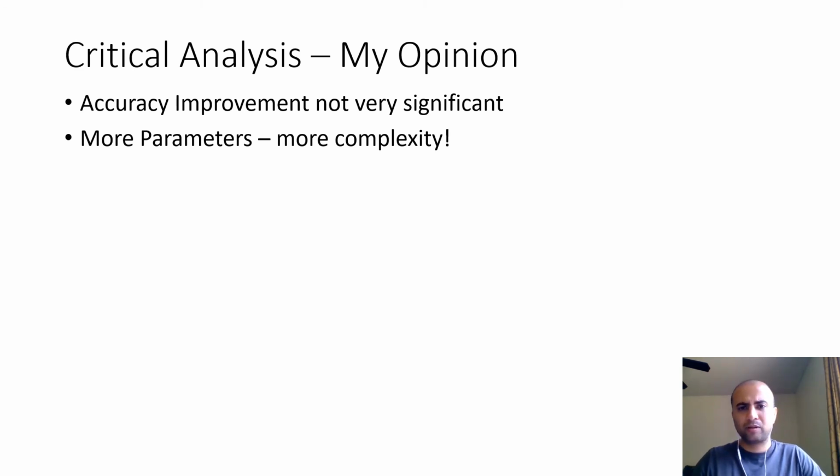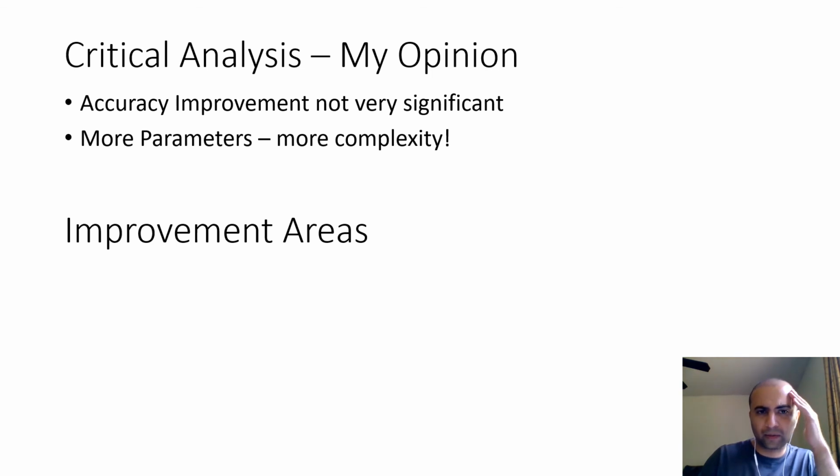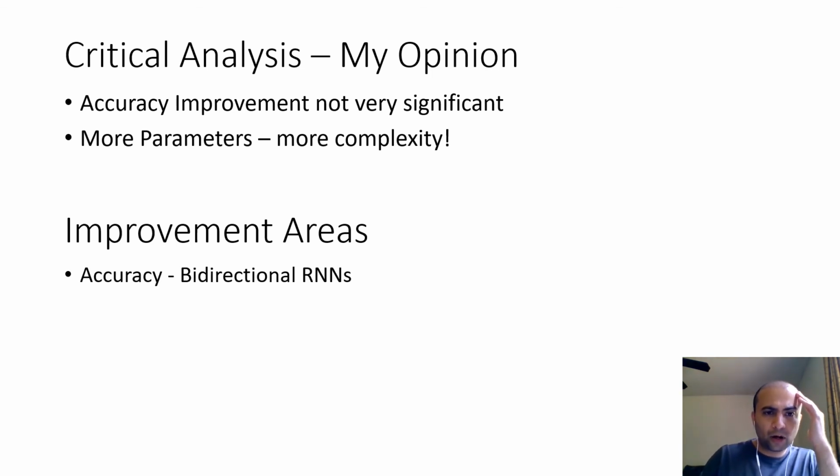I have some thoughts on what we can do about it. On the accuracy part, I feel the authors used plain unidirectional feed-forward RNNs, but because this is restaurant data and is not streamed in real time, maybe we could try bidirectional RNNs. So, for example, take a 10-word sentence.